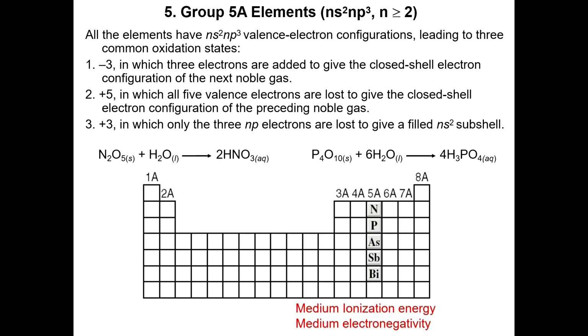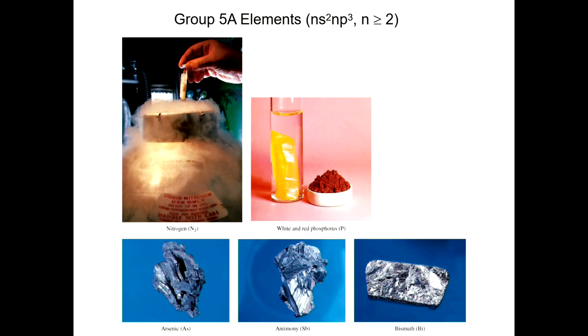They can also react with water, but of course they may need heat, to provide energy. So this is the pictures of the 5A. In this group, these 2 are nonmetals, and these are metals. And nitrogen is a gas.